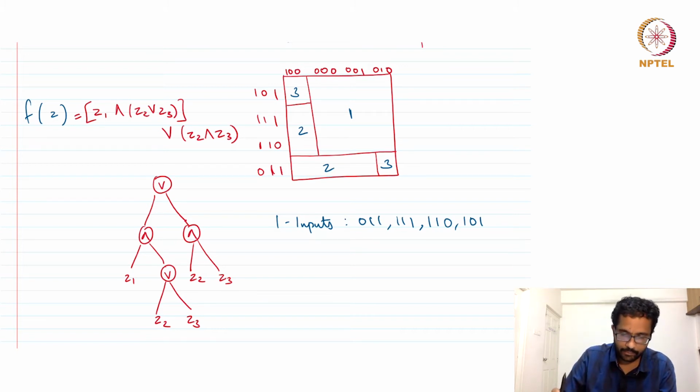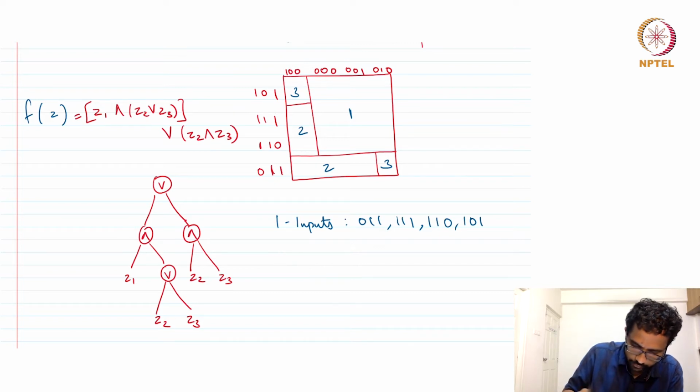I am writing them as the columns of this matrix, where the rows are indexed by these 4 values, which are the 1 inputs, and everything else is a 0 input. You can indeed verify that the rest are 0 inputs.